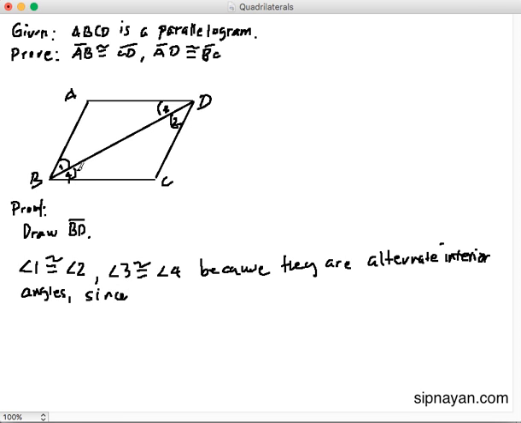Bakit sila alternate interior angles? Kasi parallel tong dalawang to, no? Since AB is parallel to CD and AD is parallel to BC.